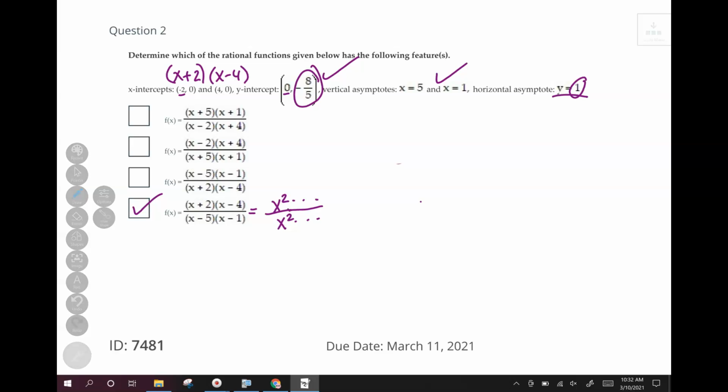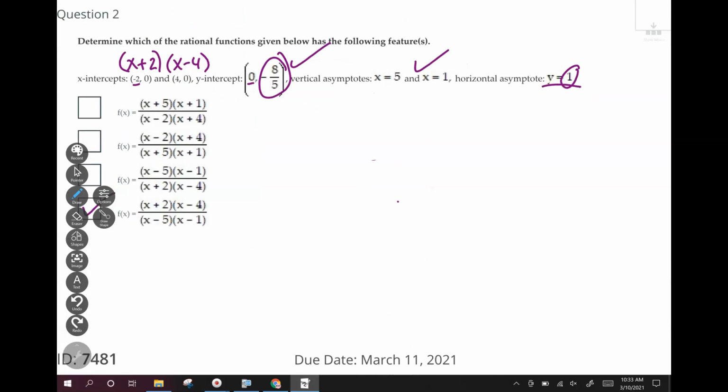So since the degrees are exactly the same, we would take the coefficients and divide. 1 divided by 1 is 1, so therefore the horizontal asymptote would be y equals 1. Again, you didn't have to do all of that because we could tell just based on the first part what the correct answer was. But just to show you, that's how that would work.